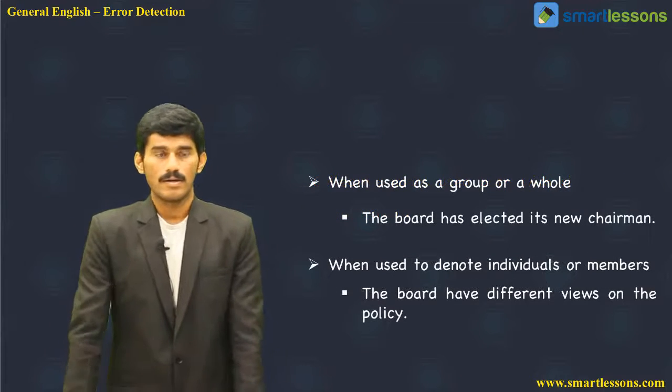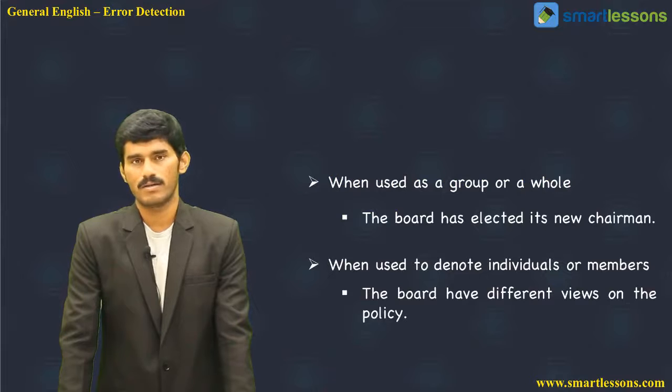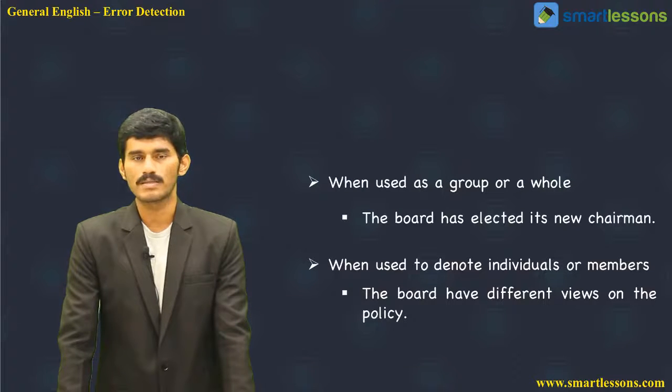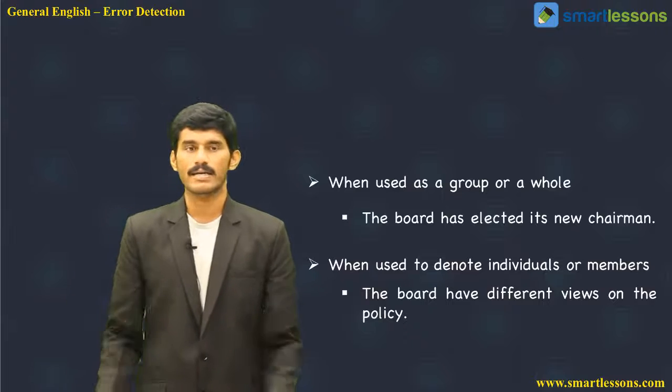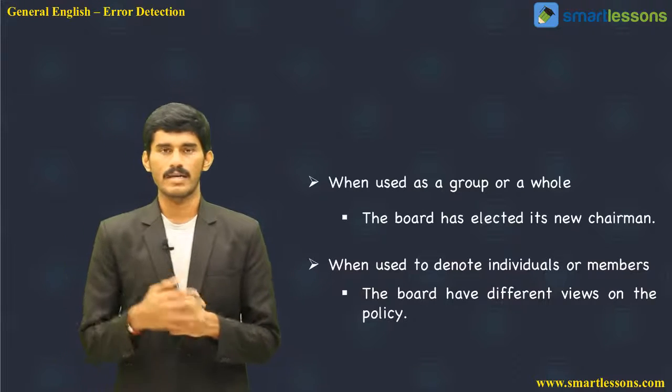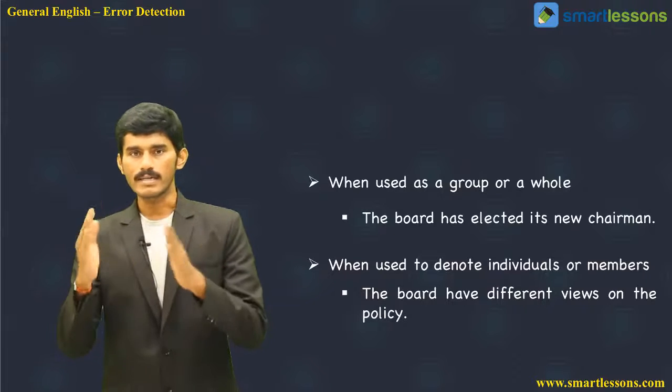For example, when used as a group or a whole, you have to use a singular verb. The board has elected. The board, it means a group of members. You are taking the board as a single whole here. That's why you are using the verb has, a singular verb. Has elected its, not their, because you are taking it as a whole. Its new chairman. Has elected its new chairman.